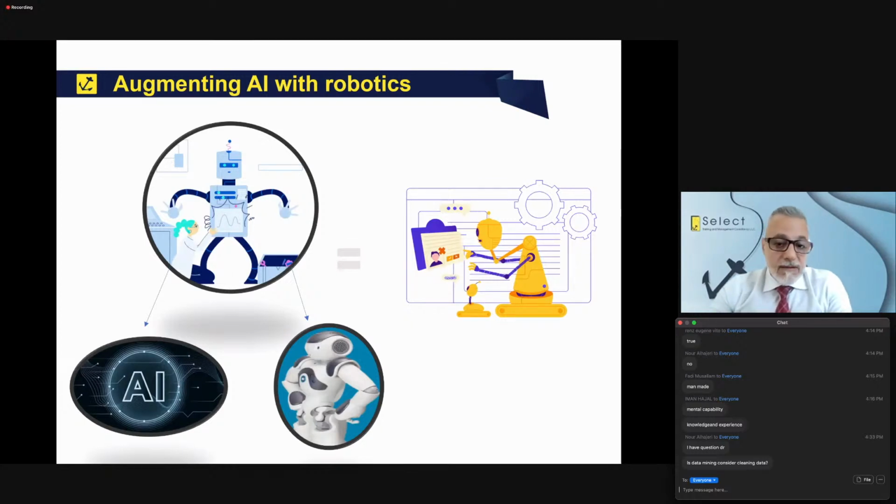Another thing is AI by itself will not be able to work alone. Augmenting AI with computer vision, with natural language processing, will help to let a certain robot work properly, sure, with engineers and these things.